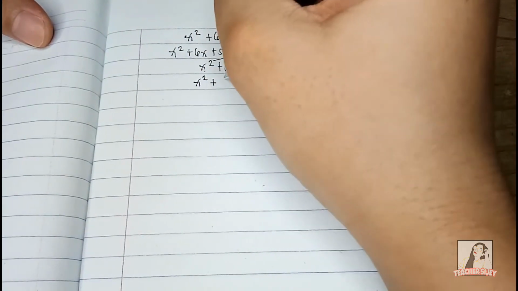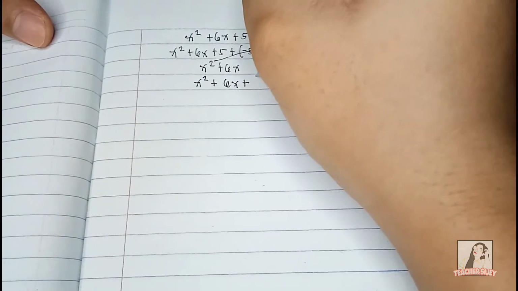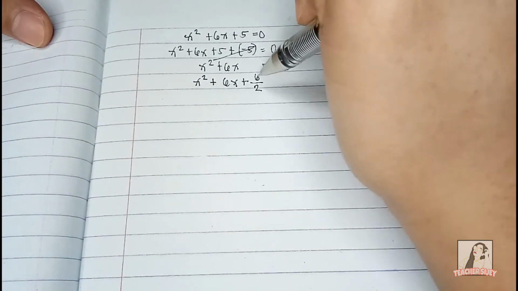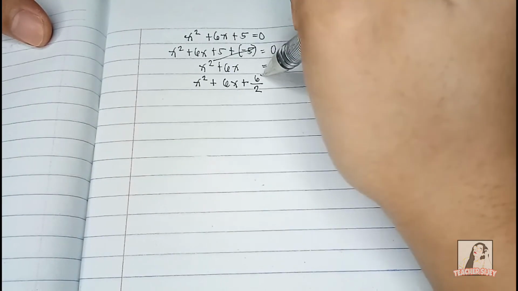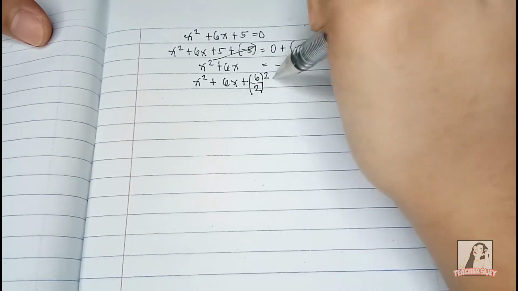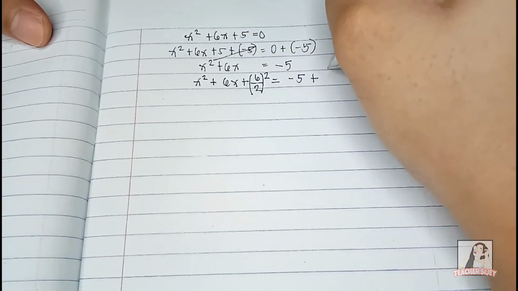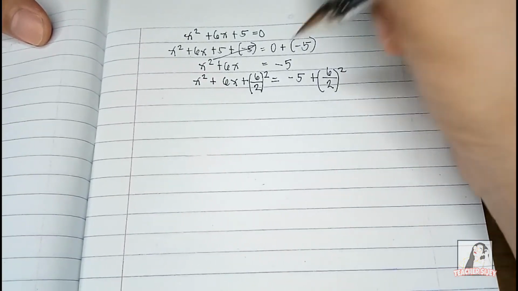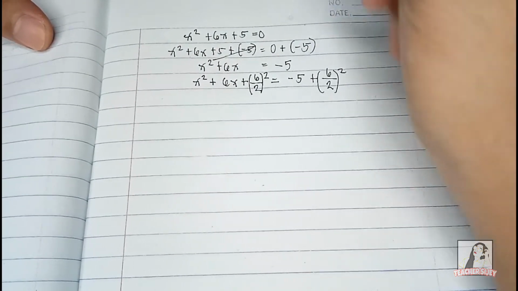So, we have x squared plus 6x plus (6 over 2) squared, because we need to divide the coefficient of the middle term by 2 and get the square, equals -5 plus (6 over 2) squared. We need to add it to both sides. So now let's simplify.